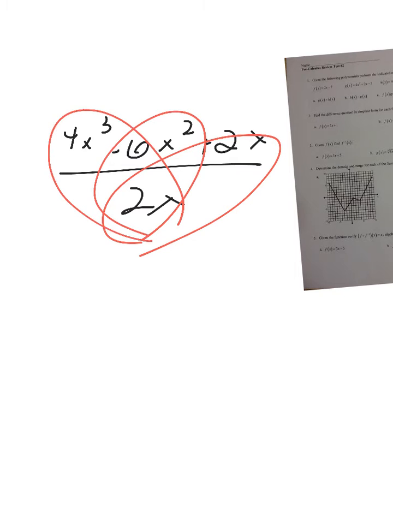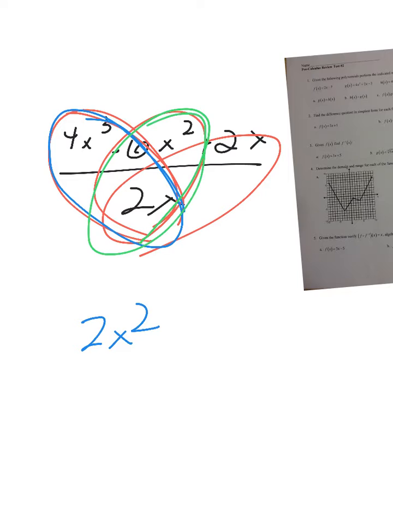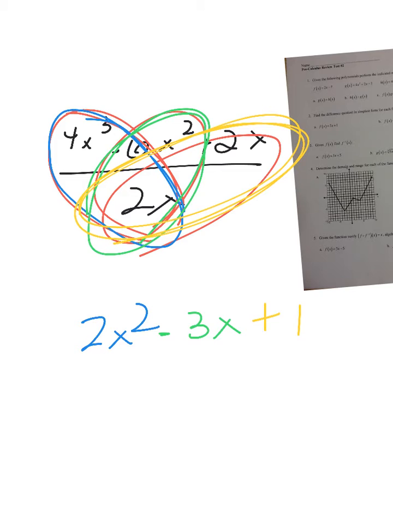Let's start with this: 4x cubed divided by 2x is 2x squared. And then I have the middle here, negative 6 divided by 2 is negative 3, and then x squared divided by x is x. And then I have 2x divided by 2x is positive 1. All right, so let's take a look at 2.